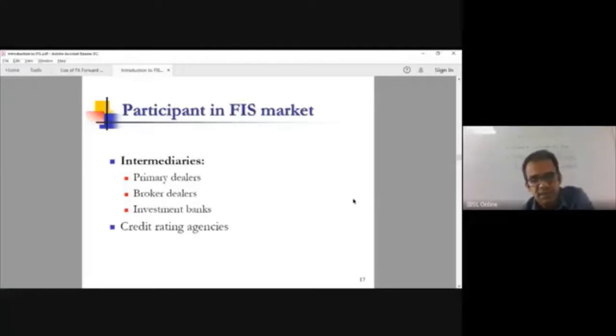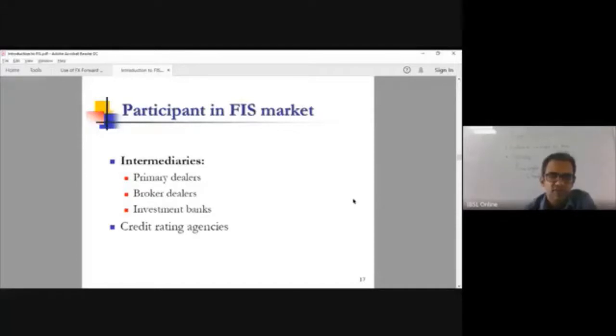Investment banks, again, they don't invest on behalf of themselves, but on behalf of their clients. And not only that, investment banks facilitate the issuance of bonds in the primary market. Government bond issuance is handled by the public debt department or, in many countries, central banks.